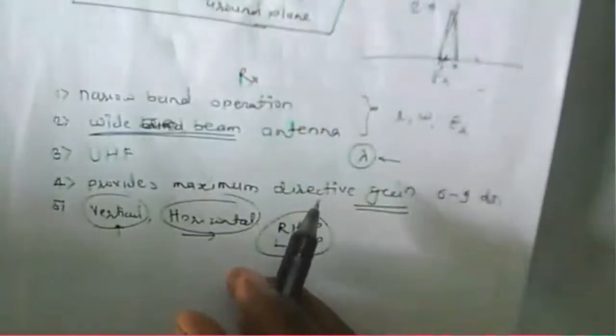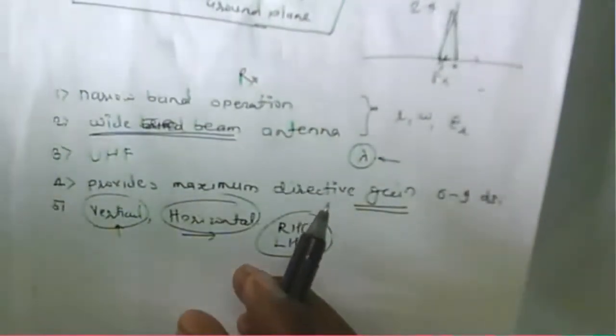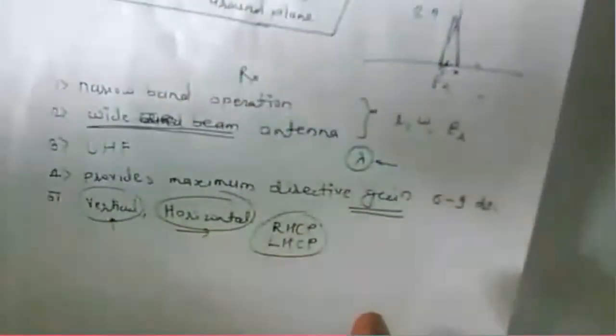Instead of a rectangular shape or anything else, we can design various types of structure. That structure can be a planar inverted F antenna.